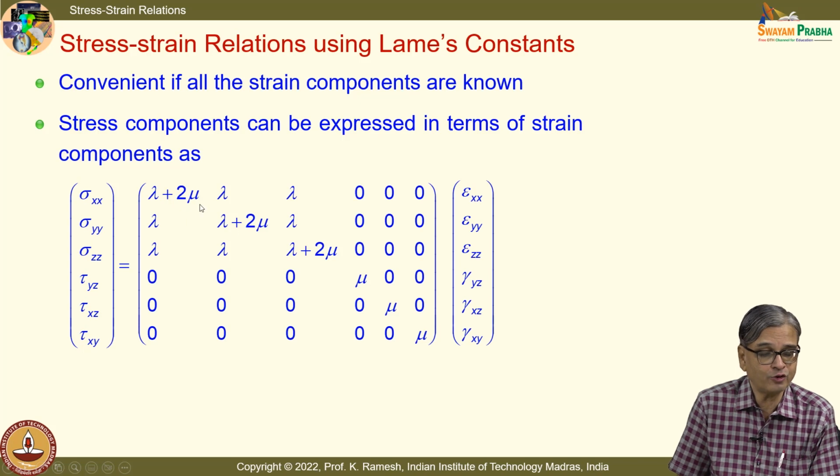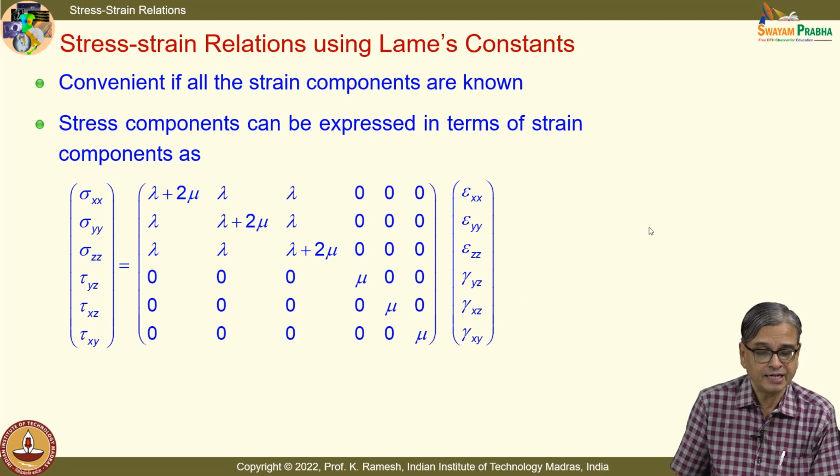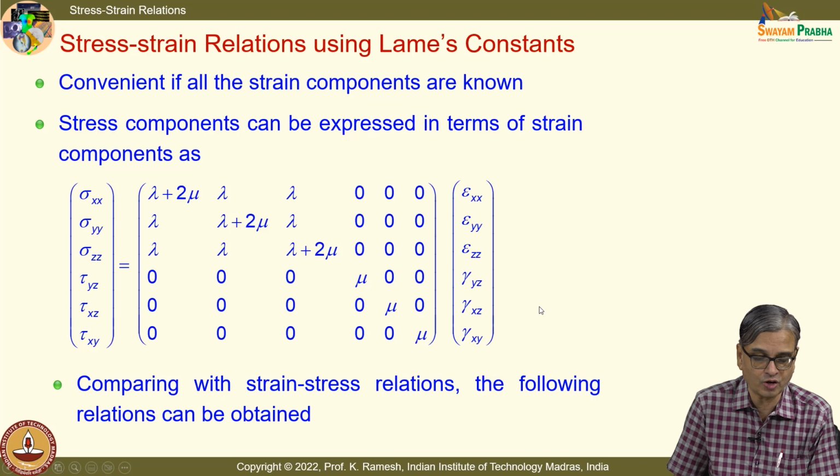And we have to find out what is the interrelationship between the symbols lambda and mu to what we have learnt as E, G and nu. Okay. This is credited to Lamé, and easily you can relate that mu is nothing but your shear modulus.